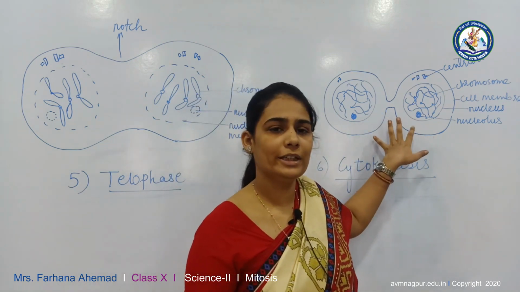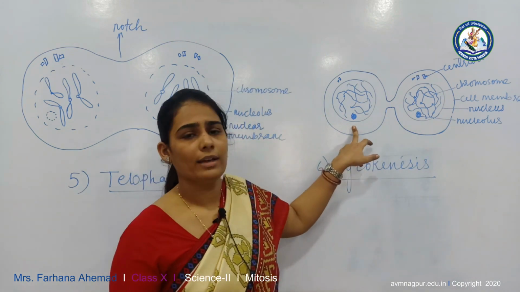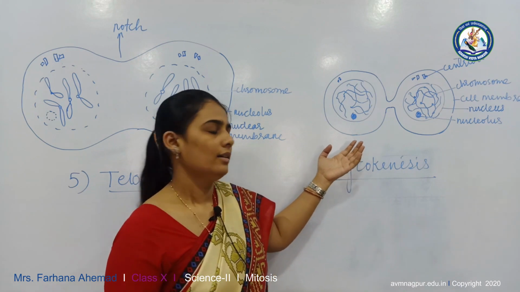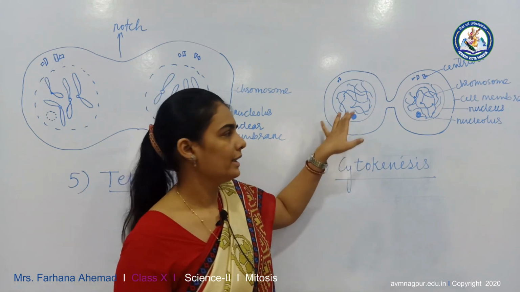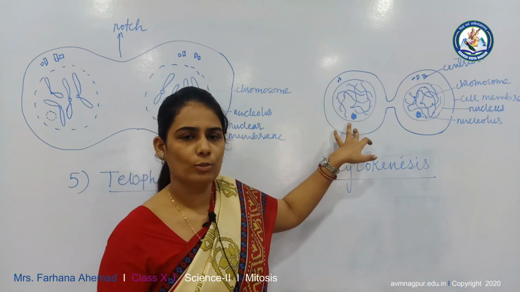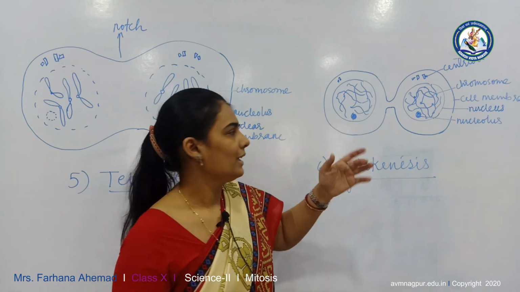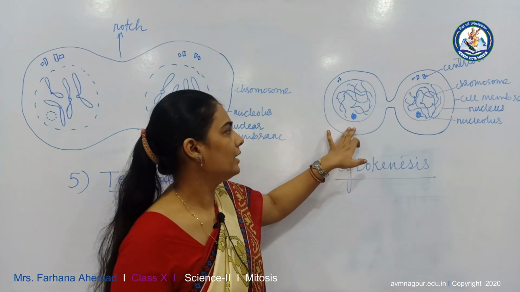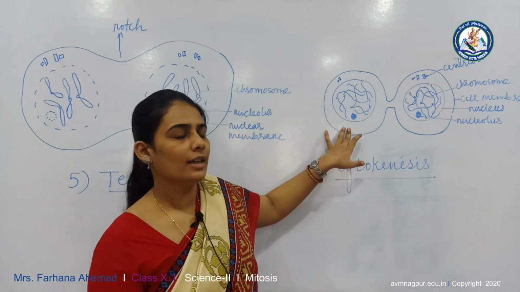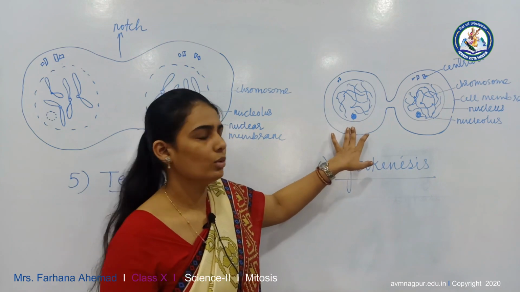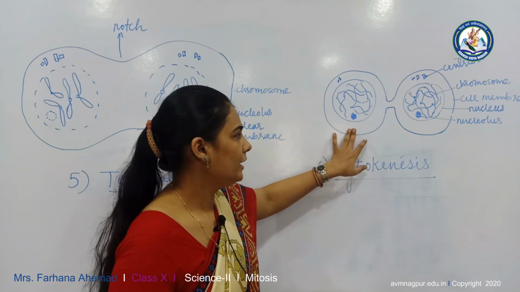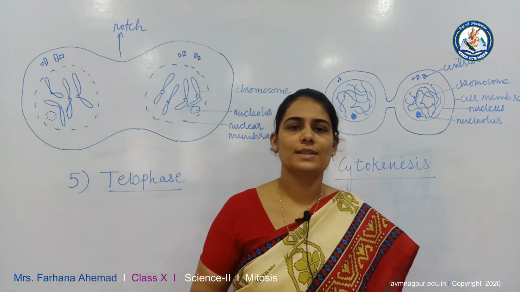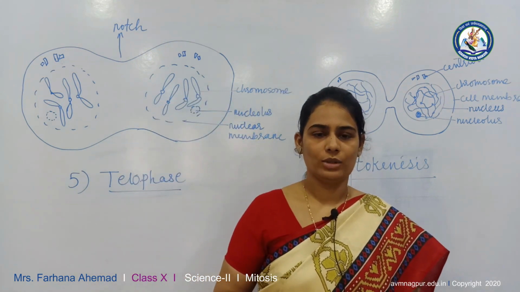Two cells are completely formed, the nuclear membrane and the nucleolus which were going to appear in telophase now appear clearly with their centrioles, and the chromosomes which were going to rehydrate, in this stage they are rehydrated and look like thread, they become very thin, also going invisible. So these processes occur in mitosis.